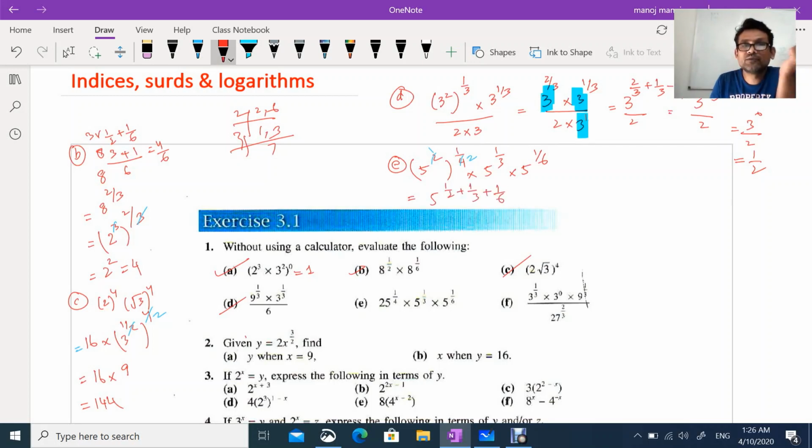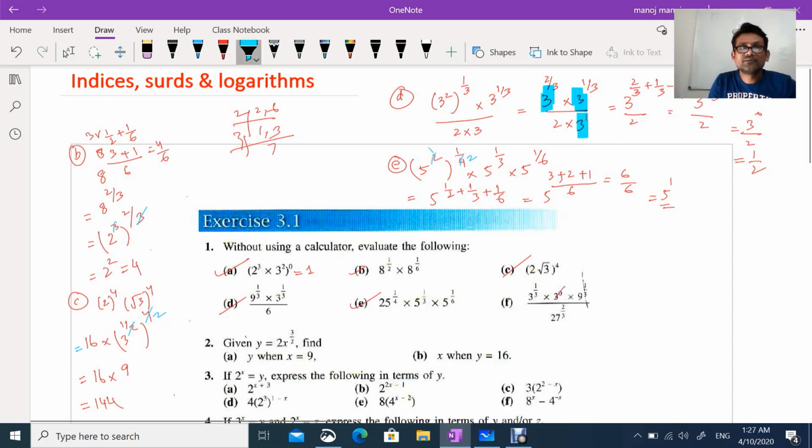All bases are the same, so we can add the powers. The LCM is 6, so this is 3 plus 2 plus 1, which is 6 upon 6, and the answer is 5 power 1, that is only 5. Okay, I mean, this is a way that we can simplify.